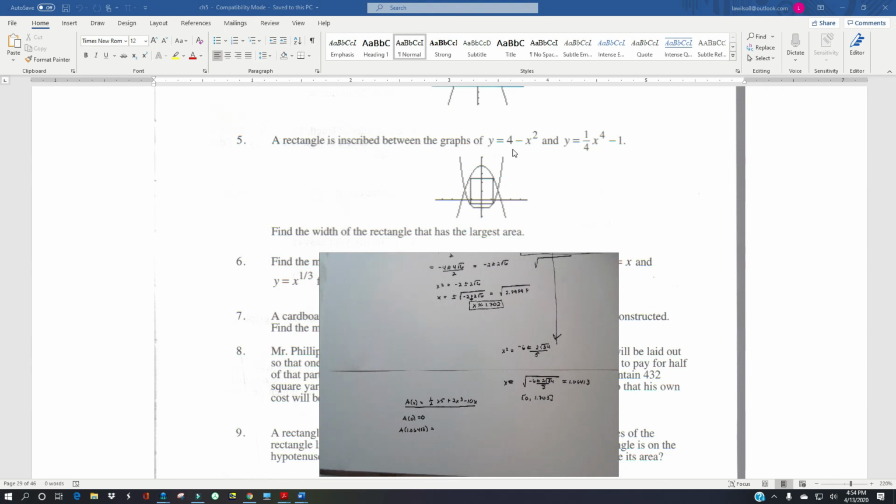Okay, I get approximately 7.549. And then finally, if I plug in 1.703, I'm going to get 0.